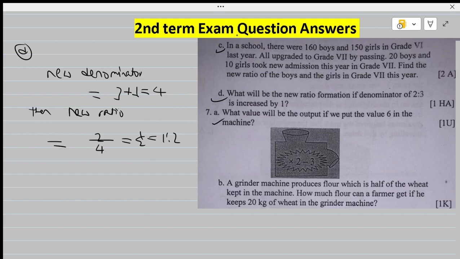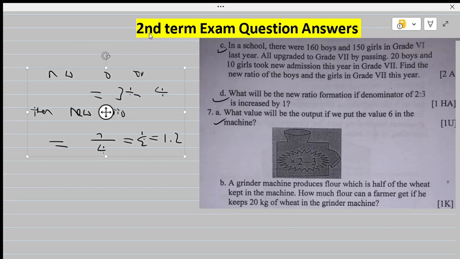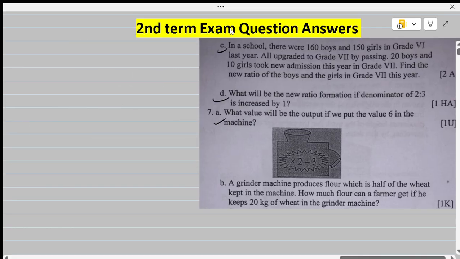Now go to number 7, so let's make it clear. 7a: what value will be the output if we put the value 6 in the machine? This function machine diagram is given, and whatever input you place here gets multiplied by 2, and from that 3 gets subtracted.